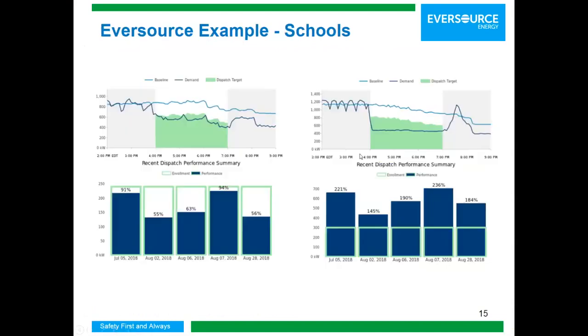Jump ahead. And as far as Eversource's examples, we were running a demonstration last year, like I mentioned, and similar to Paul, we had several schools participate, and I've just pulled some anonymized data here of 2 schools that did participate. At the top, you see there a single event and what that looks like for them, and then along the bottom, what their summer looked like as far as participation in the program.